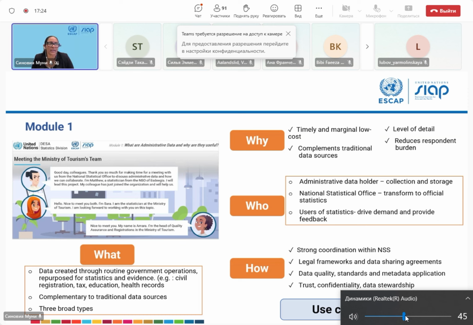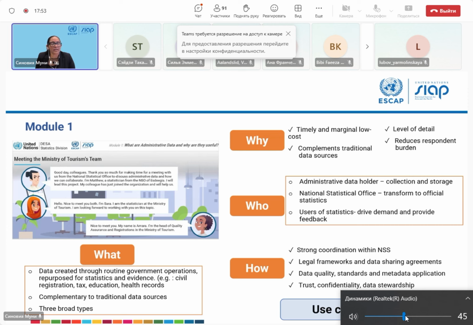And then in module 1 we also look at the key entities involved in the production of administrative data, because we already know that it's produced by entities outside of the National Statistical Office. One of the first entities that we speak about is the administrative data holder, which would be the entity that collects and maintains this administrative data.